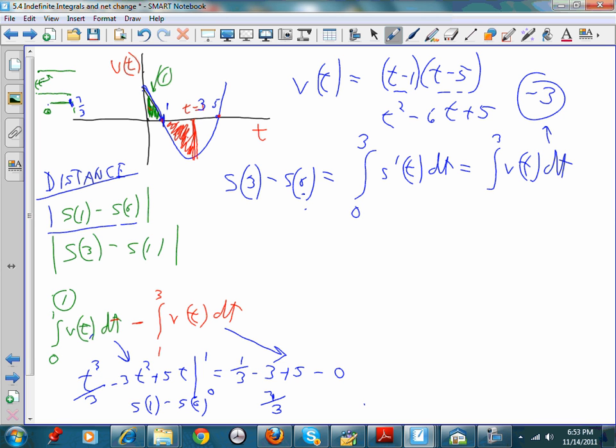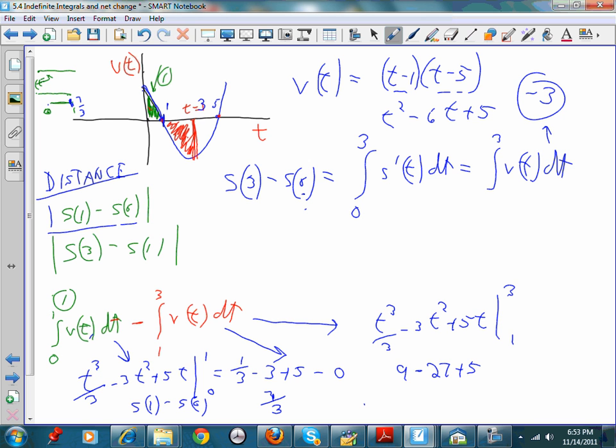Now the other way, I'll calculate this one. This is going to be t cubed over 3 minus 3t squared plus 5t. Now I've got the upper limit of 3 and the lower limit of 1. When I put in 3 here, I get 9 minus 27 plus 15.